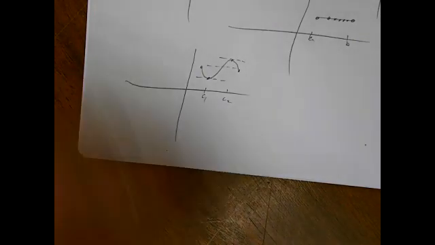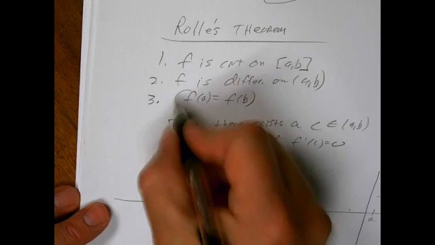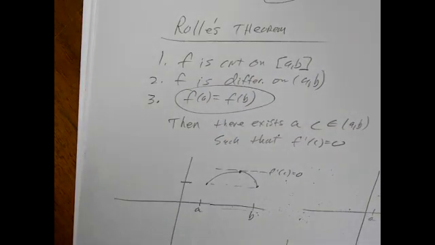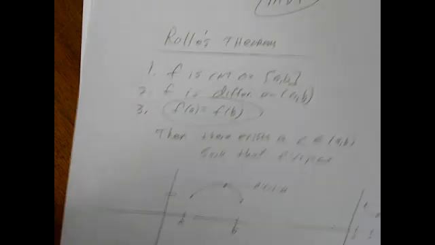Now again, this limitation of equality at the endpoints makes Rolle's theorem not as useful as some others, but a corollary to Rolle's is the mean value theorem that we want to specifically talk about.